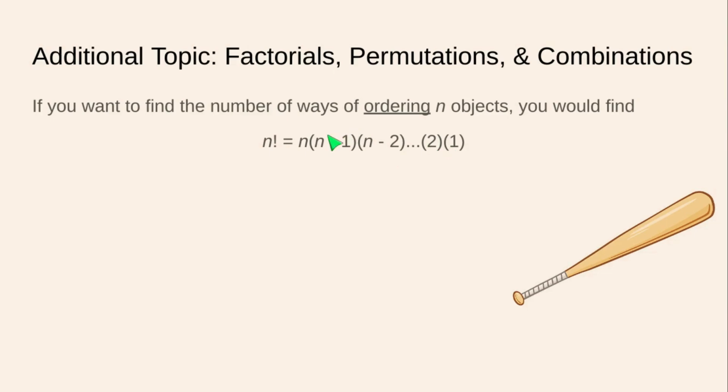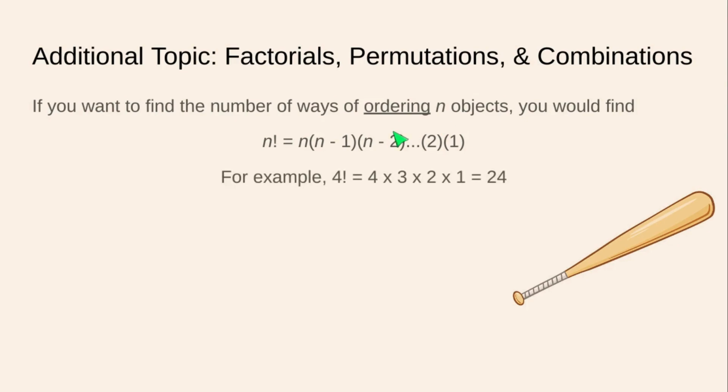You count down from n to 1 and make a bunch of factors, things you're multiplying, hence factorial. Okay? So that's what a factorial is. It counts the number of ways in which you can order a set of n objects.